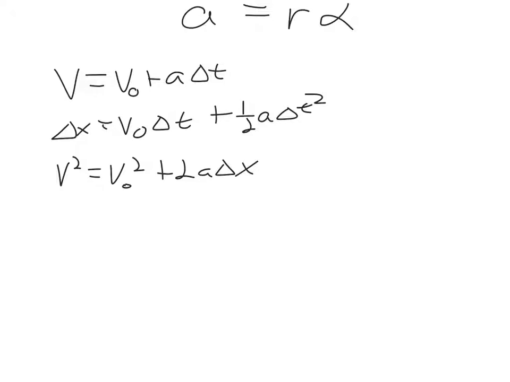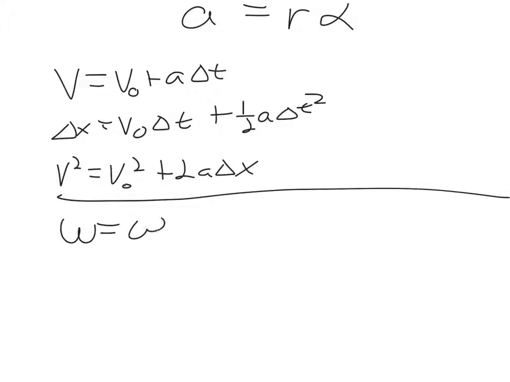All of those equations actually still apply in an angular format. So let's just write the angular equivalents of them, and you can literally just sub the variables in. So you have omega equal to omega naught plus alpha delta t. That's angular velocity equal initial angular velocity plus angular acceleration times time. Instead of delta x, we have a delta theta.